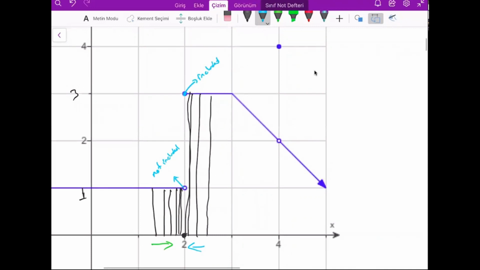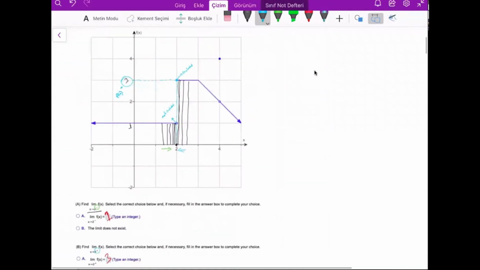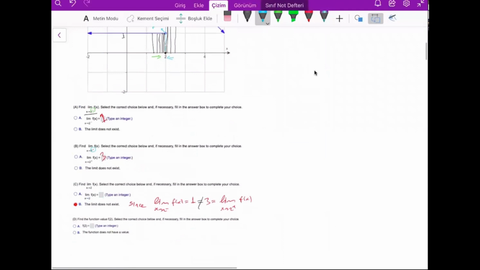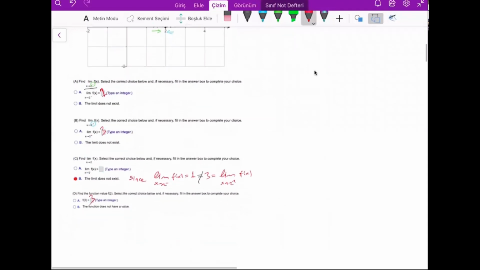So this is our function value. When x equals 2, this is not included, so I go in that direction. So this is the function value of f of 2. So f of 2 is 3. Okay, here f of 2 is 3 is the answer.